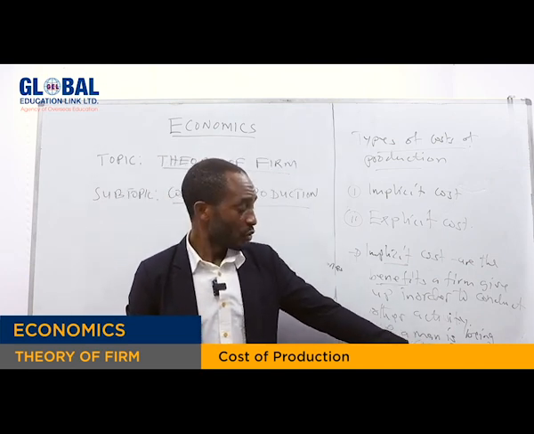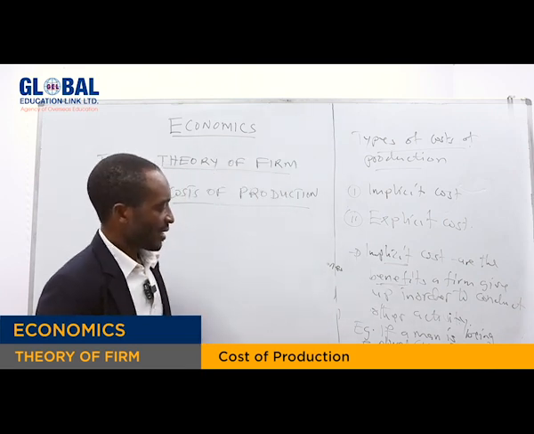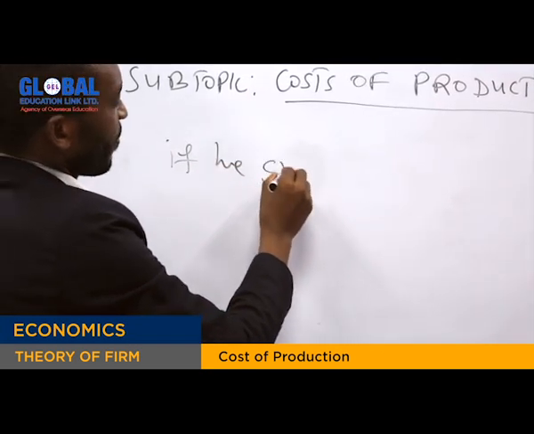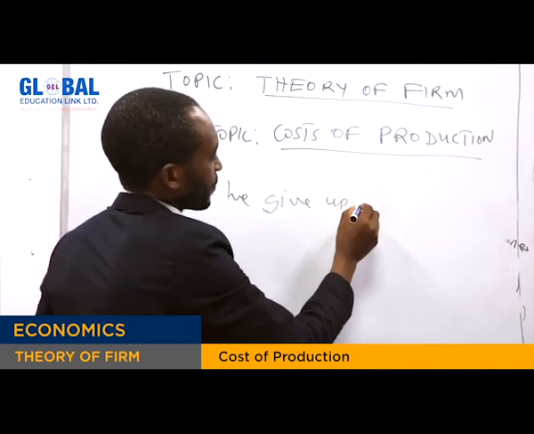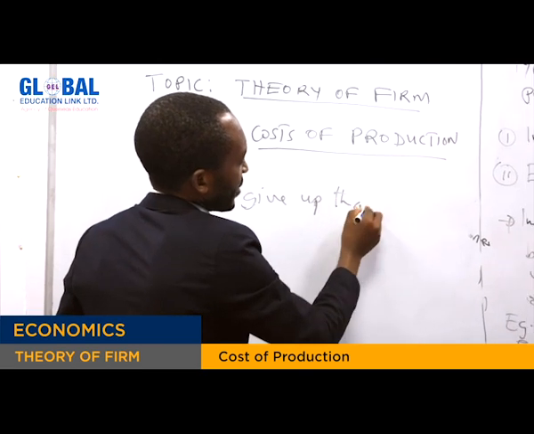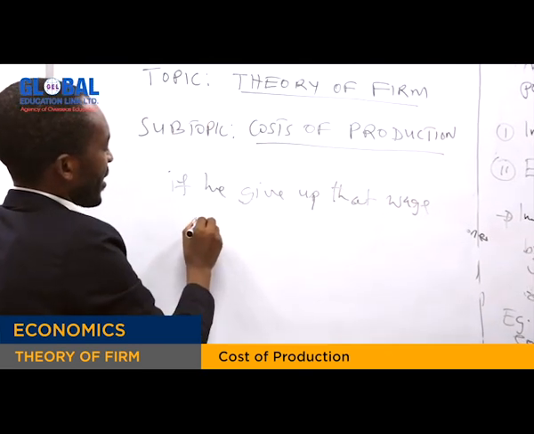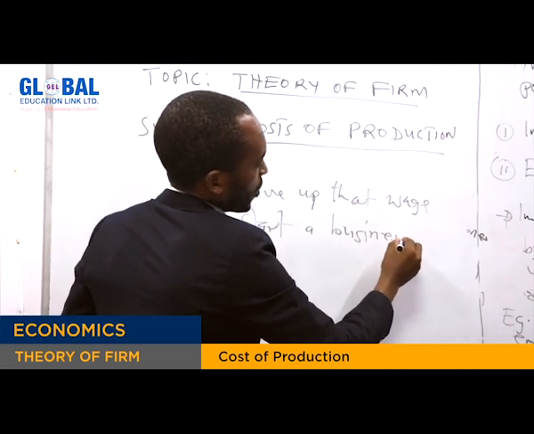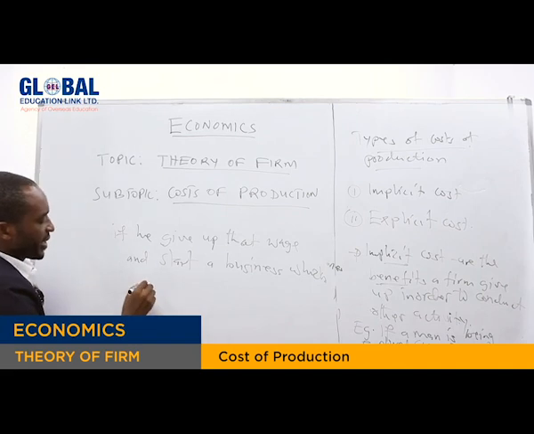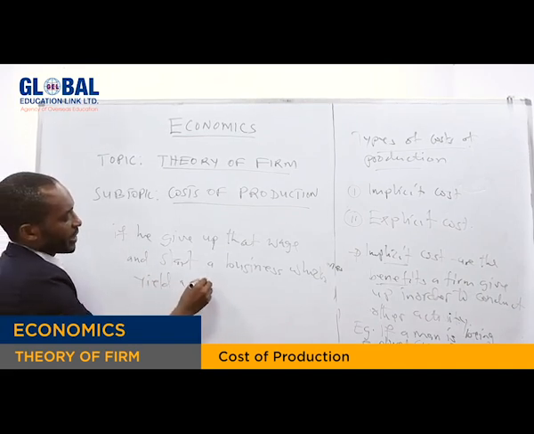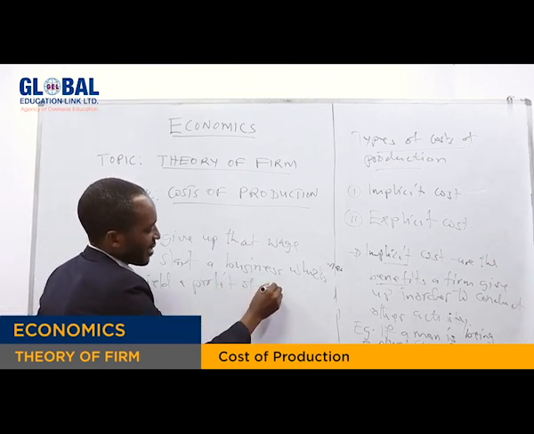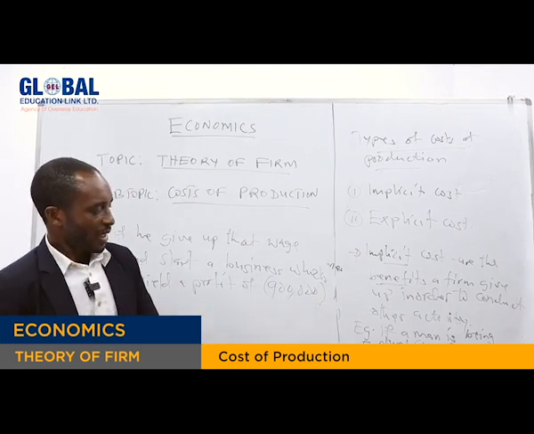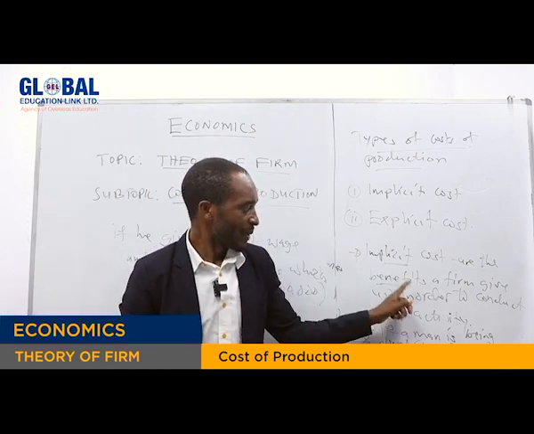Now, if he decides to give up this wage and start his business, which yields a profit of 900,000, then this 700,000 we call an implicit cost.